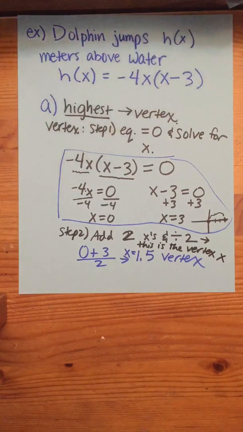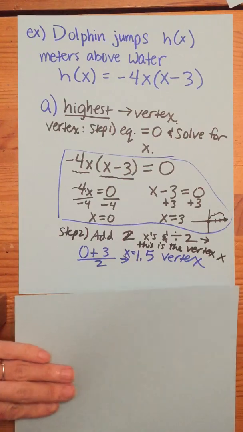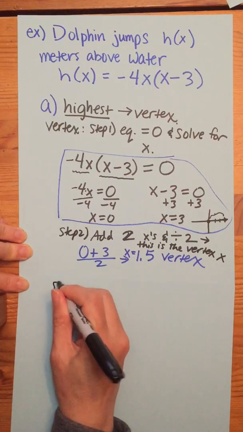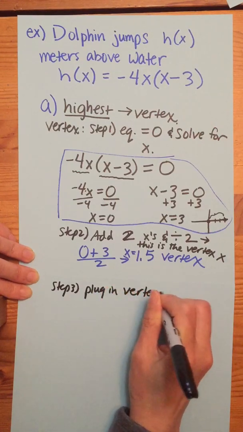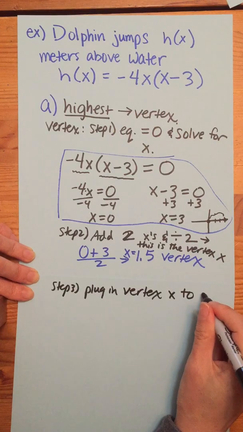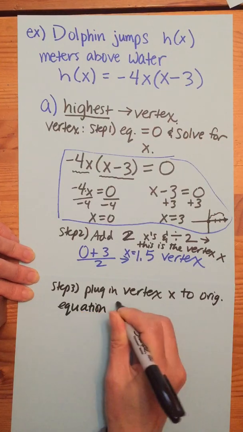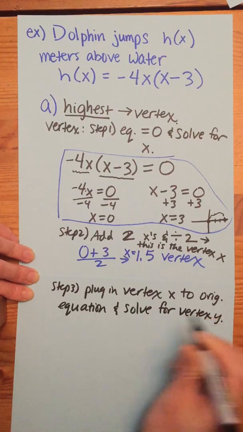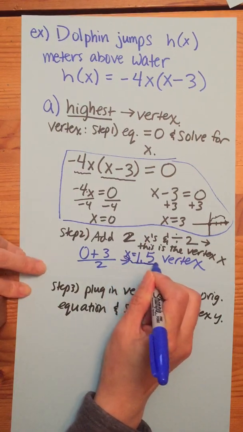The next step: if I want the y value of the vertex, I'll go ahead and do that just in case. You don't always need it, but plug the vertex x into the original equation and solve for y. This is the vertex y. My vertex x was 1.5, which I got in step 2.